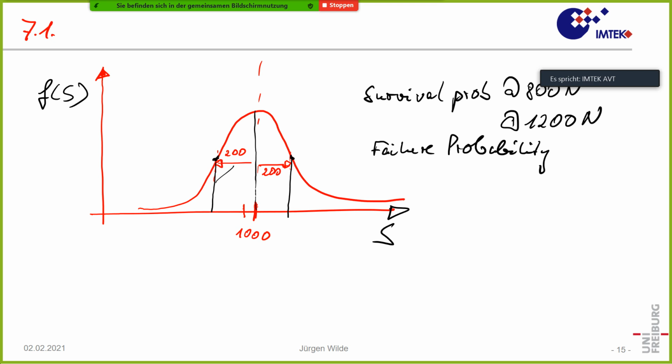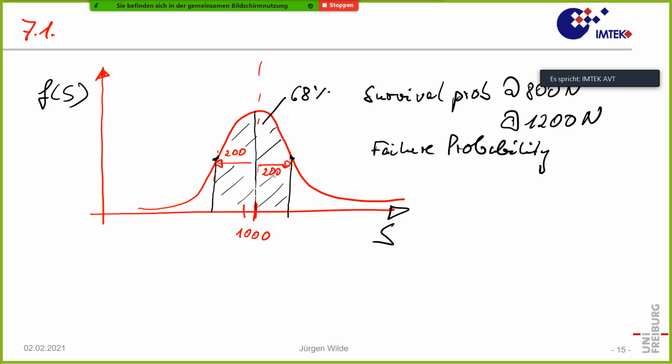What's the area between the standard deviations here? That is correct, 68%.